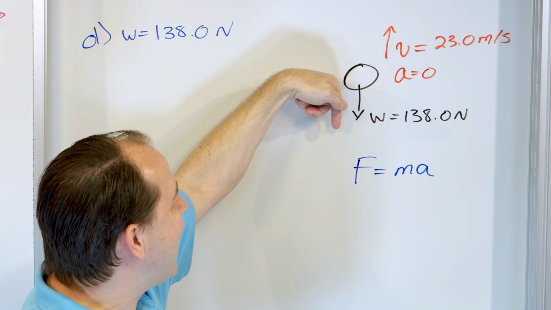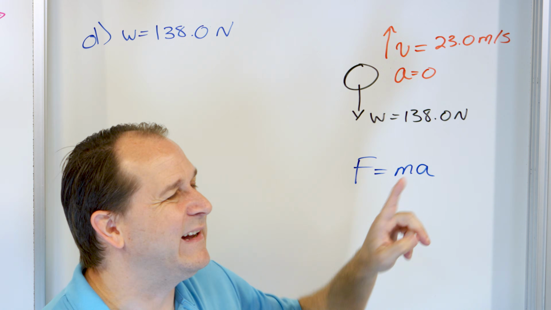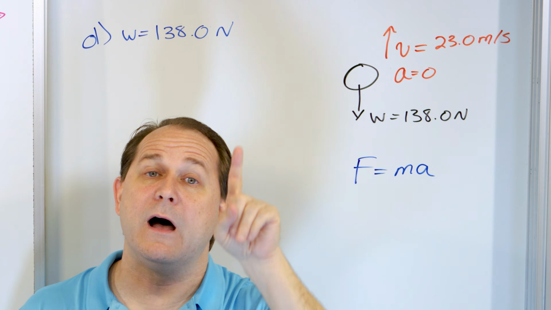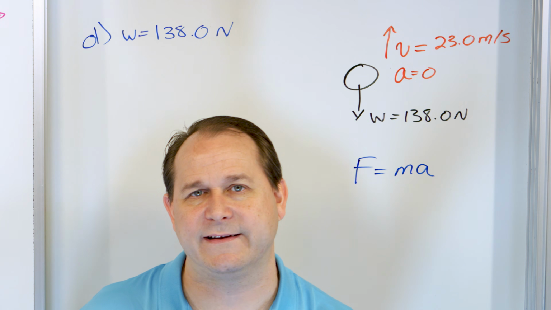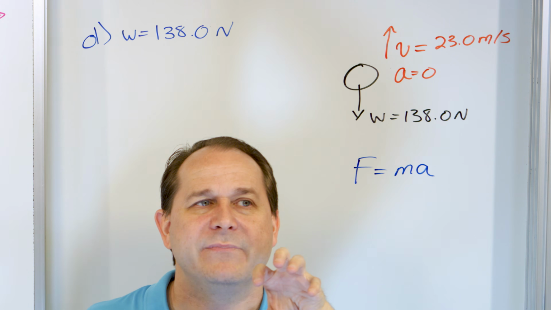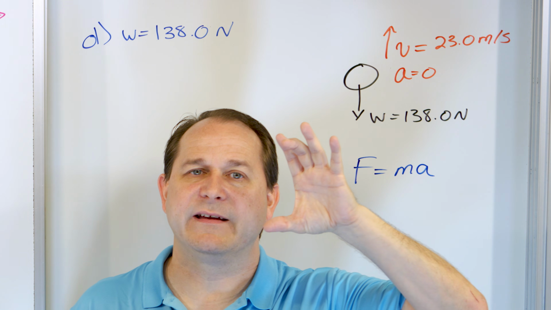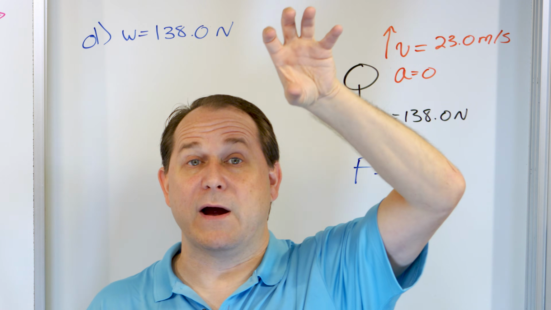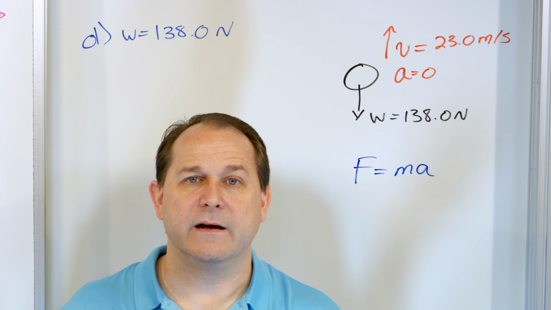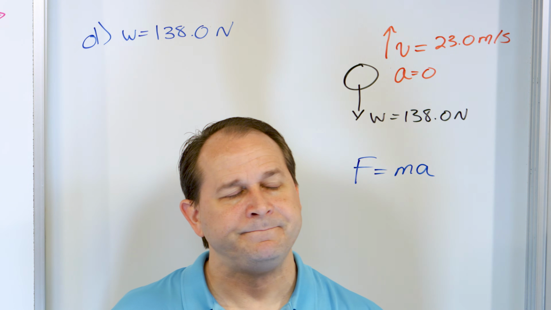So if I have a weight acting down of this much, there must be some upward force balancing this exactly, to give me no net force acting on this object. It's the only way that it could, so you could kind of kickstart it in motion, and then there has to be a balancing force to make it not accelerate, and then it will just continue to move up forever and ever, right? Because remember, an object in motion tends to stay in motion like this.